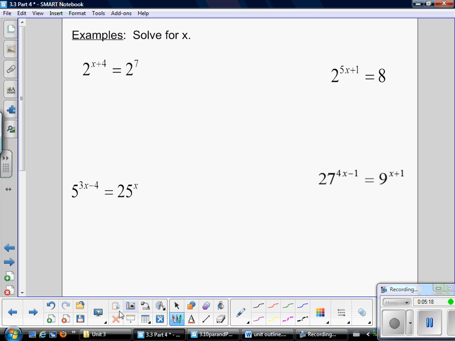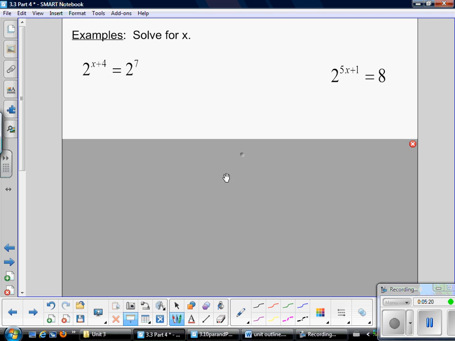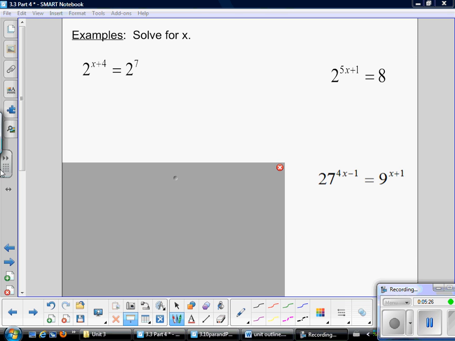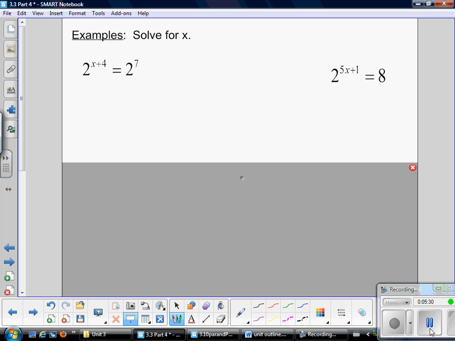All right, I'm just going to put the blind up so we're only looking at 2 at a time. Let's look at the first one. First one's pretty easy. I need to first of all make sure that my bases are the same. Well, 2 equals 2. So that means already, therefore, x plus 4 must equal 7.